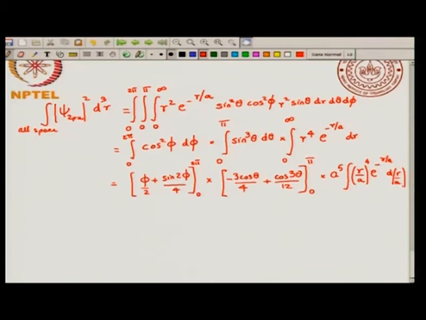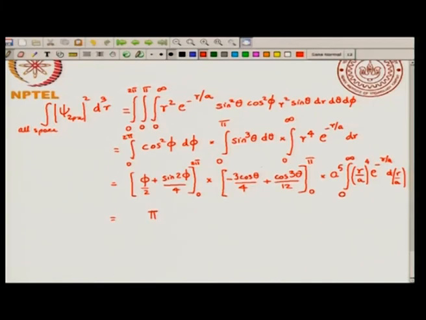Okay. So you can see that I have changed the variable of integration from r to r by a, but the limits do not change, because when r equal to 0, r by a equal to 0, when r equal to infinity, r by a equal to infinity. So this is my final expression, and you can substitute this. This will give you a factor of pi.